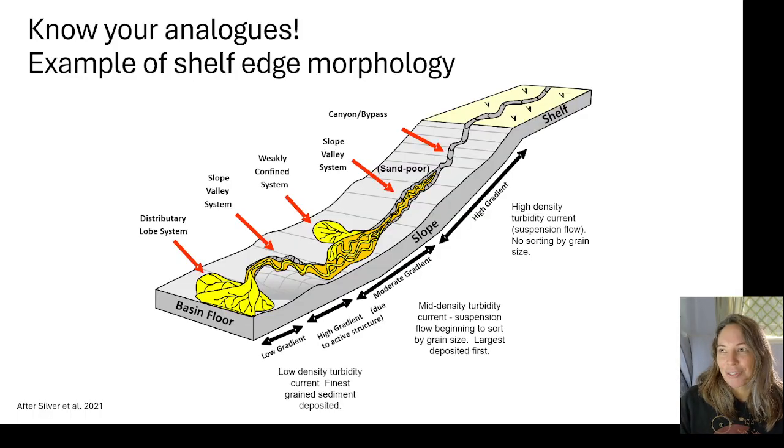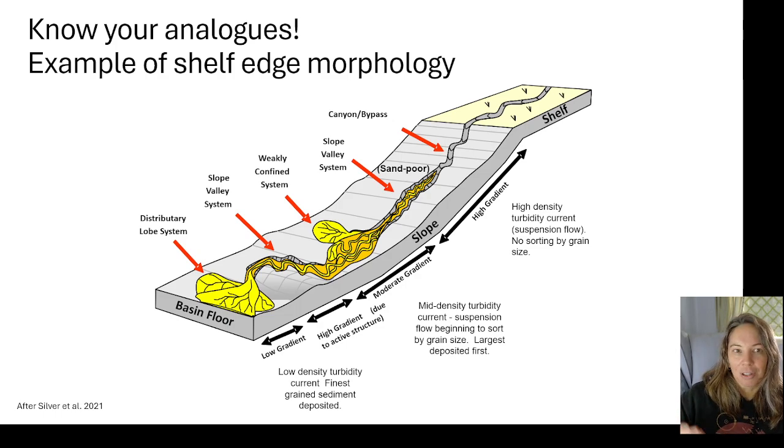All right, so first off, know your analogs. I've said this a million times. Some of the examples that I'm going to be showing in this mini lecture have to do with deep water, moving off the shelf geomorphology. So it's always great to ground yourself, pull out an old textbook, and become familiar with what types of features you might see.